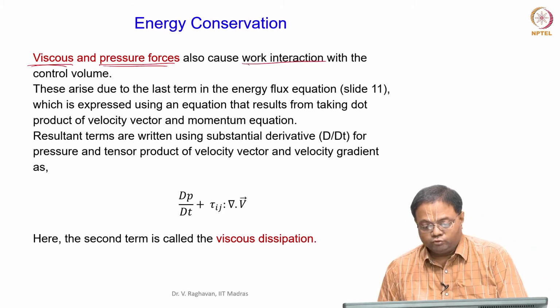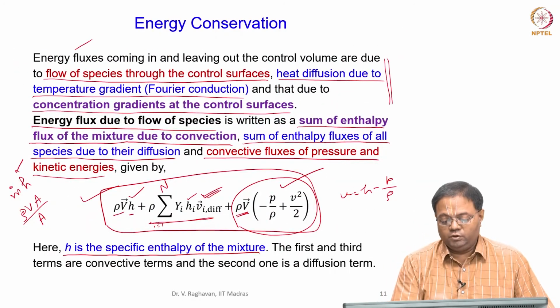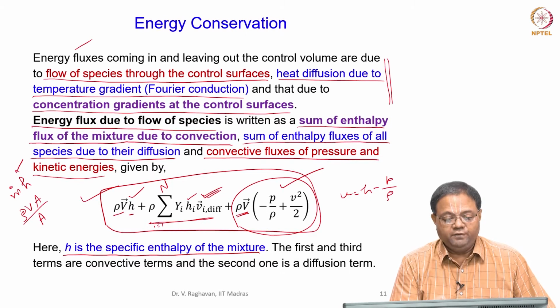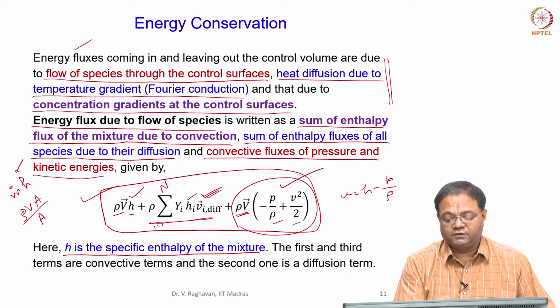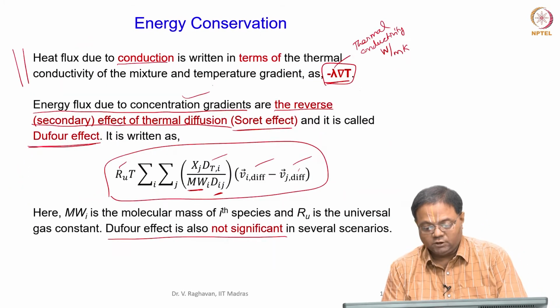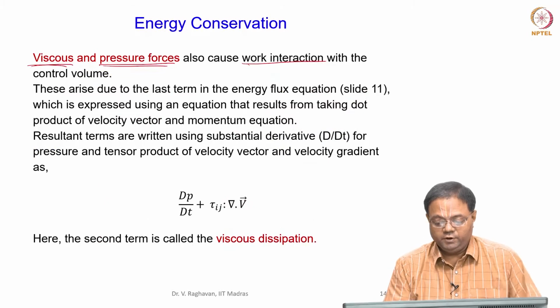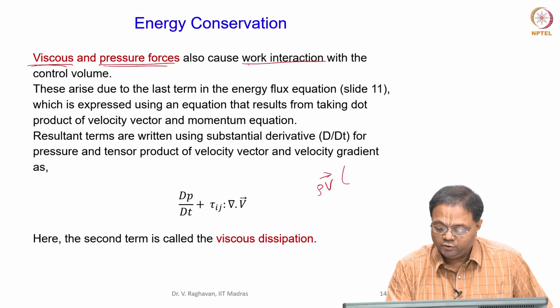So let us see this slide number 11. Here this flux, which is entering and leaving, is due to the pressure and kinetic energy. So, rho v vector into minus p by rho plus v square by 2.